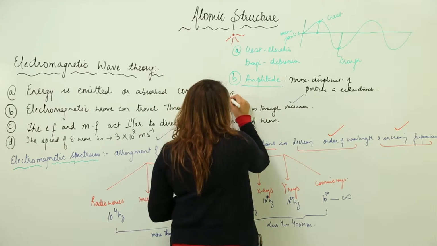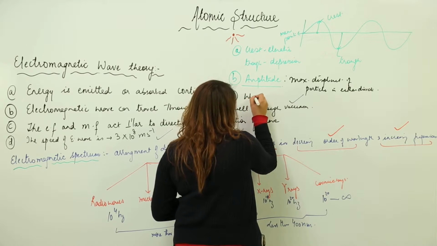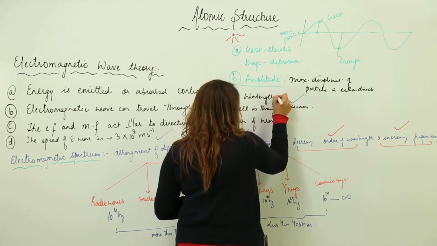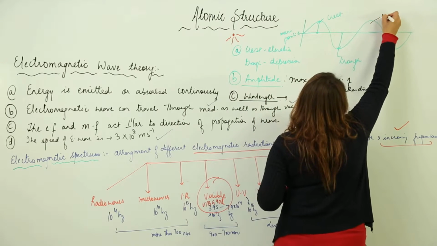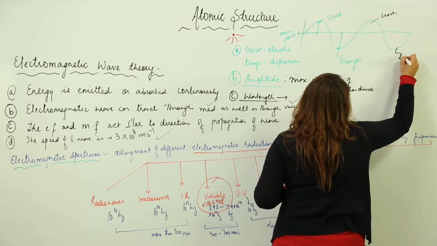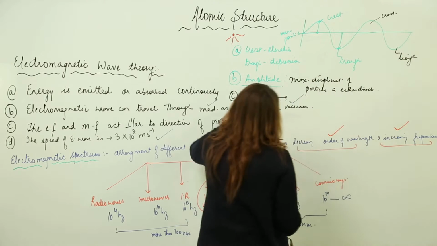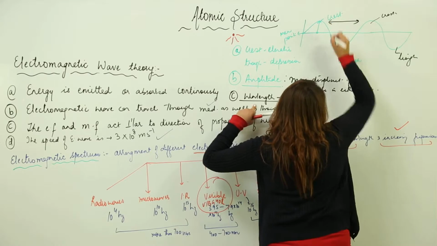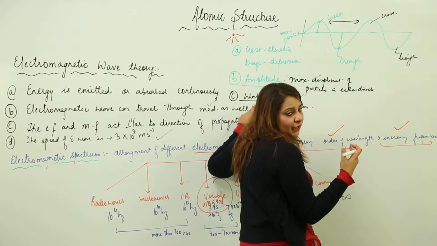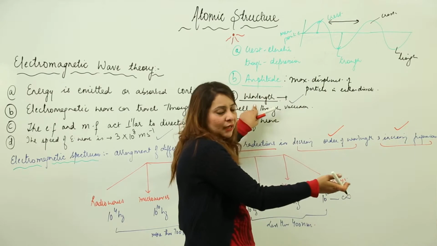Third we have the wavelength. As you can see, this is a crest and this is also a crest, this is a trough and this is also a trough, right? So what is wavelength? It is the distance between two consecutive crests. Consecutive means the one which is just after that.